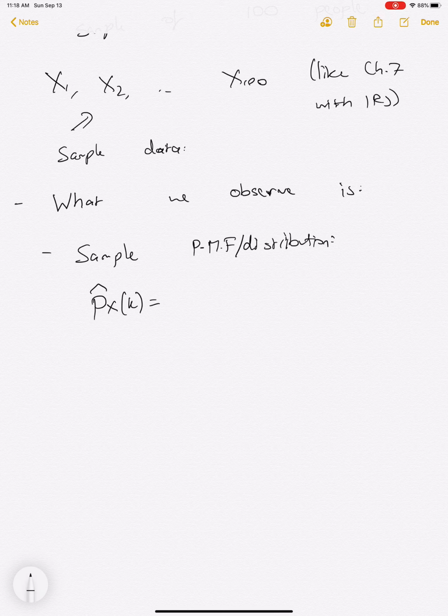So what we're actually observing is, let me just explain this notation. This indicator function is just, hopefully you saw it in 309 or the equivalent.